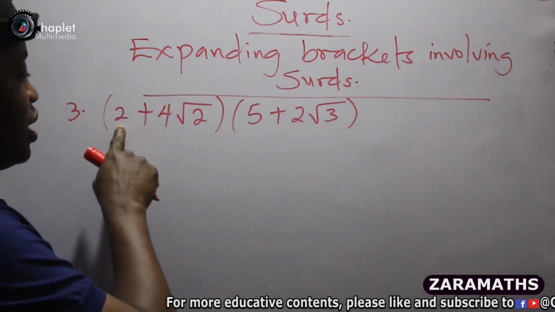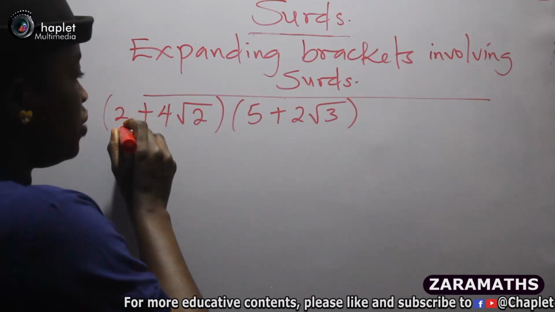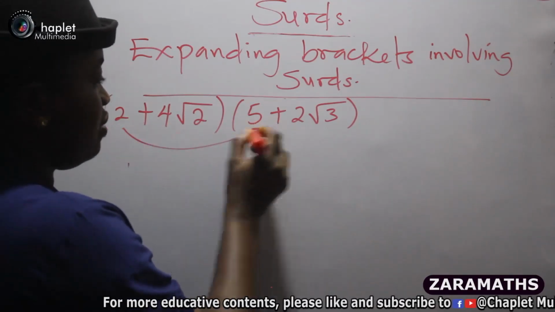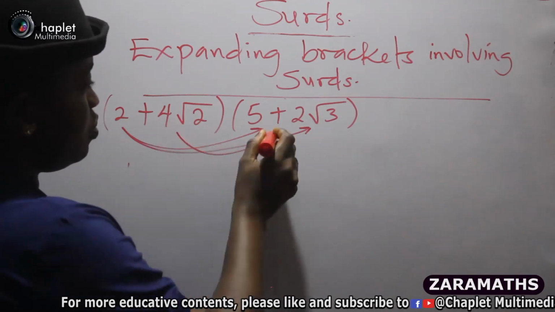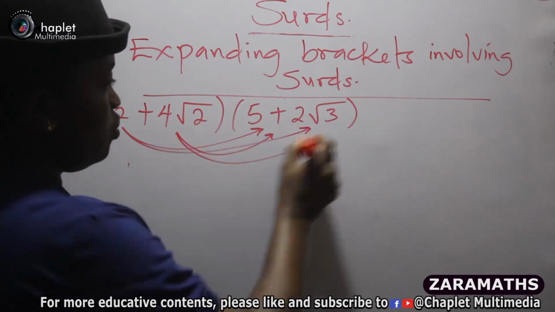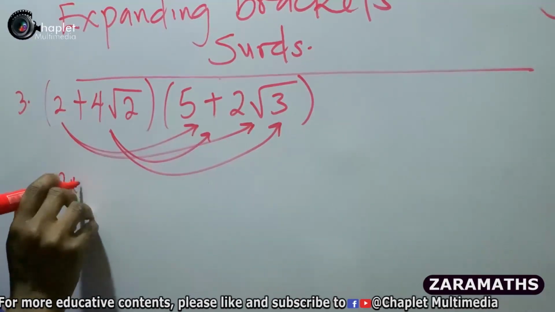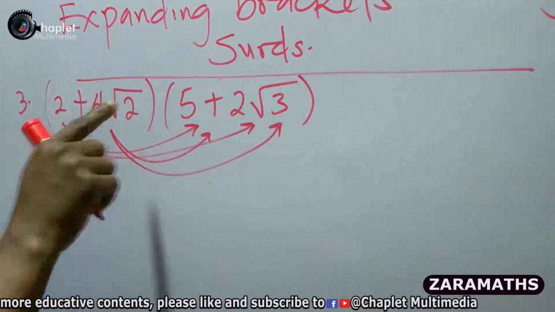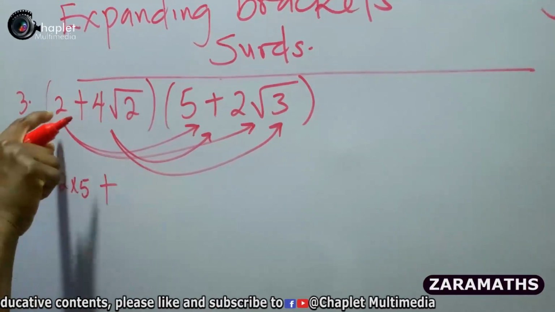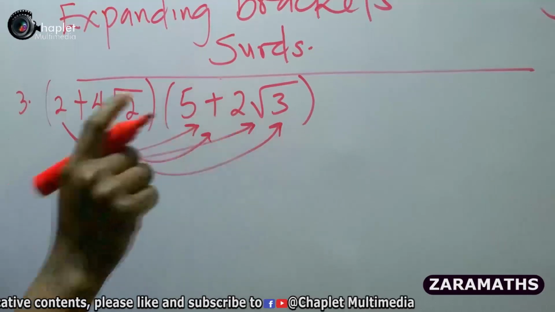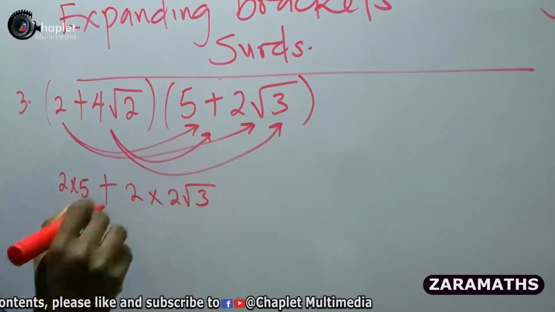We want to expand this. The first term here will be multiplying the whole of this individually. That is 2 will be multiplying 5 and will be multiplying this plus this will be multiplying this plus this. 2 will be multiplying 5. You discover that the sign here is plus and the sign here is plus, so it becomes plus 2 will be multiplying this term, 2 times 2 root 3.